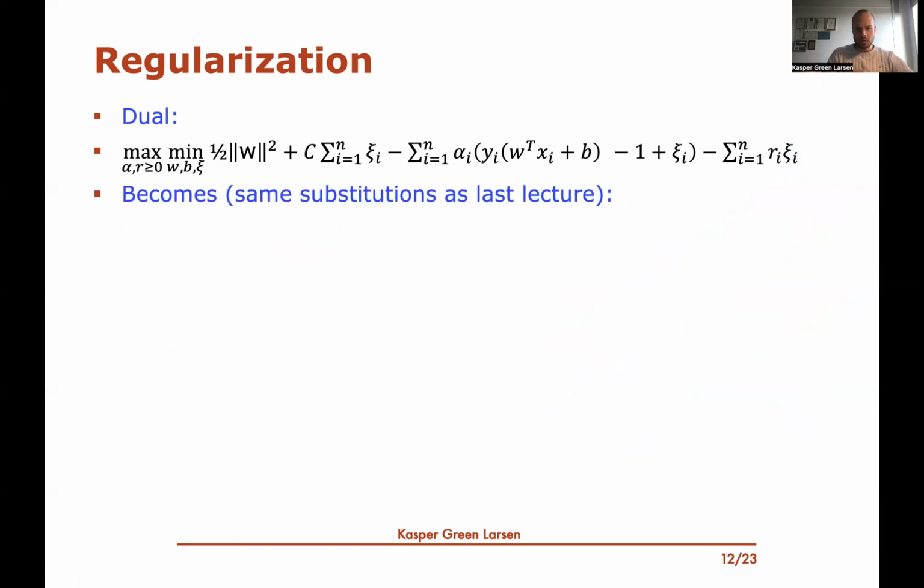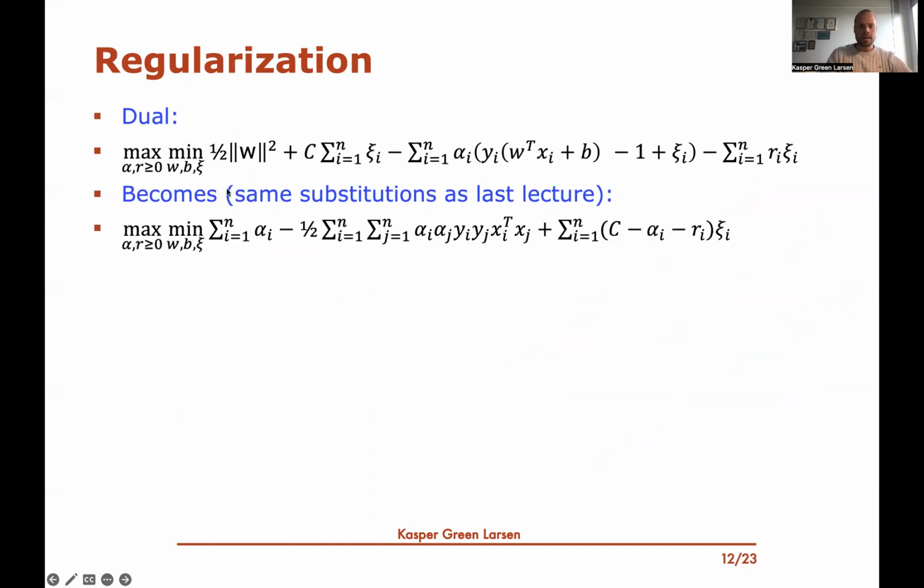And if we do the substitutions and simplifications up here that we did in the last video, where we insert this definition of W and this constraint on the sum of the alpha i yi's into this optimization problem, then the first part here is exactly the same as we had before. This is exactly the optimization problem we had before adding these psi i variables.